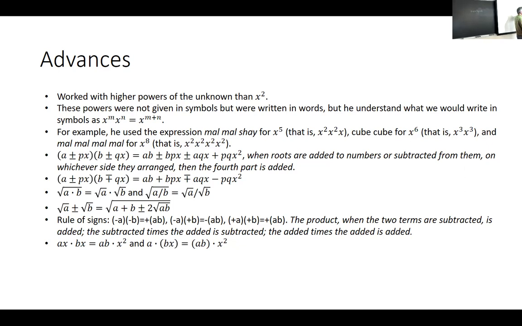The word he used to describe x to the 5th was mal shay, which is wealth thing. So that's x squared times x. And he called x to the 8th mal: x squared times x squared times x squared times x squared.